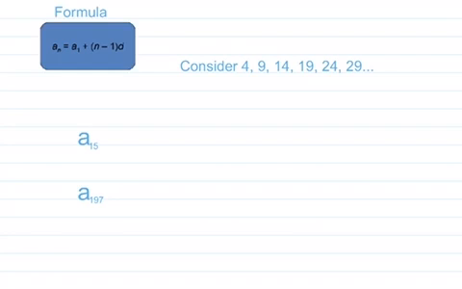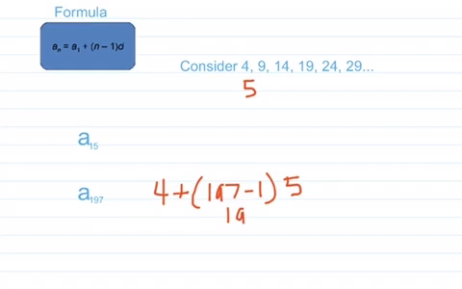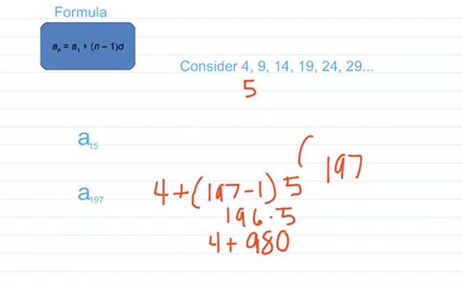You take your first term plus 197 minus 1 multiplied by the common difference, which is still 5. 196 multiplied by 5 is 980 plus 4. The 197th term equals 984.